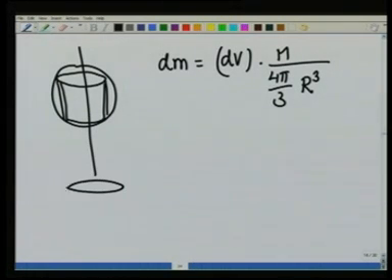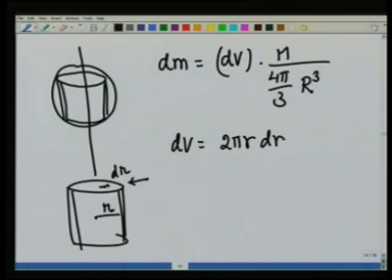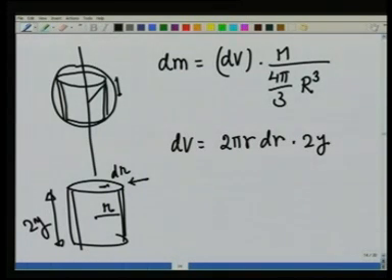The volume of this cylindrical shell, if I take this to be of radius r and thickness dr, is going to be dV equals 2 pi r dr, and this whole length, let us call it 2y, times 2y, where y is this height, which I can write as 4 pi r dr.